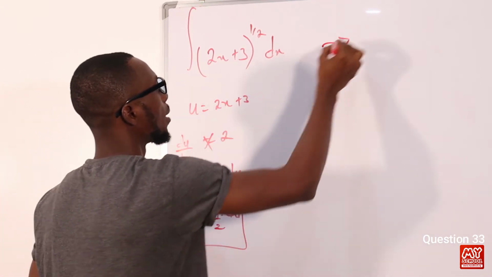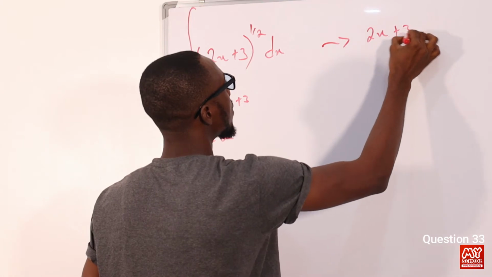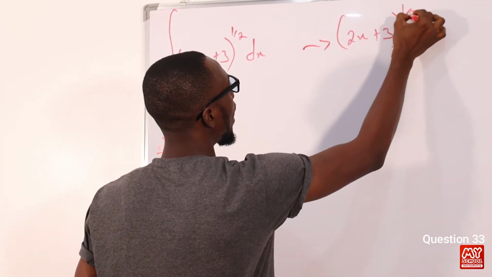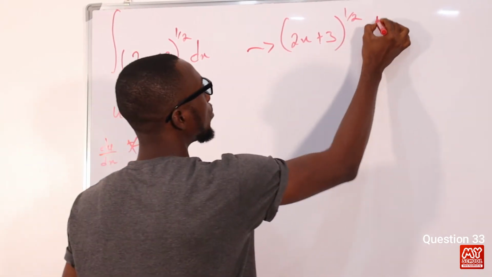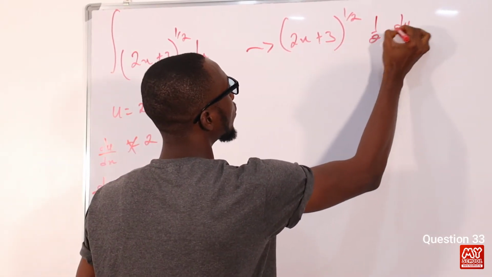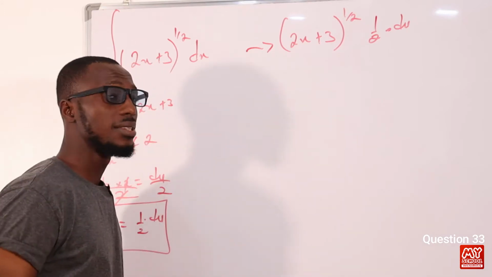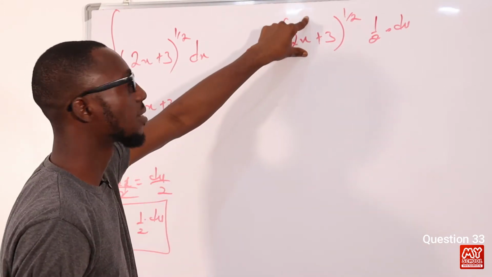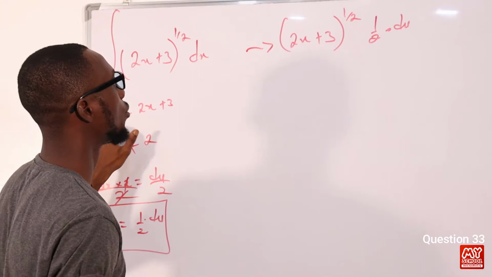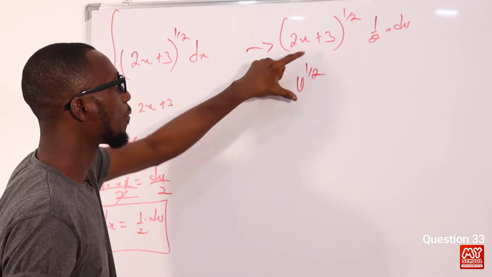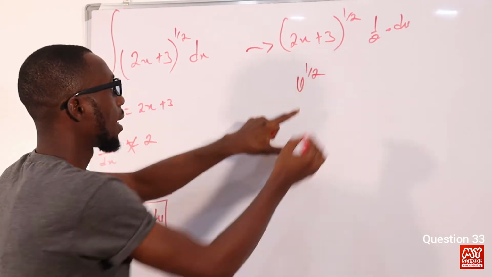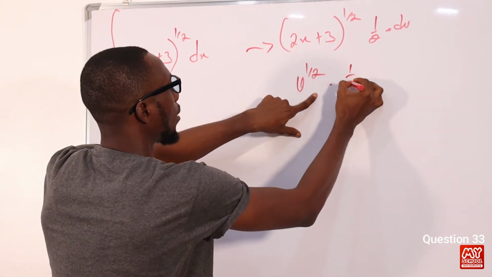I have 2x plus 3 raised to power half, then dx is gotten as 1 over 2 du. Remember that 2x plus 3 has been replaced by the letter u, so I have u raised to power half. If we integrate this, let's integrate this separately.